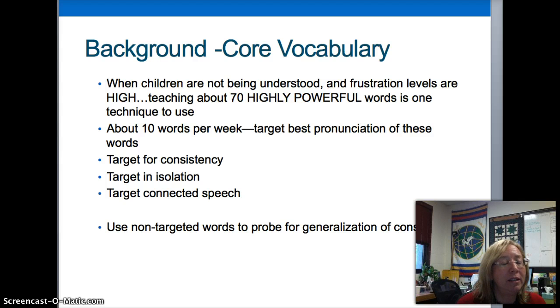You take 70 words, and we'll talk about picking those words, which are chosen by the family or the child or together with you. Target about 10 words a week. You target consistency in isolation and in targeted speech. Then you also choose some non-target words that you don't work on and see if there's some generalization occurring.